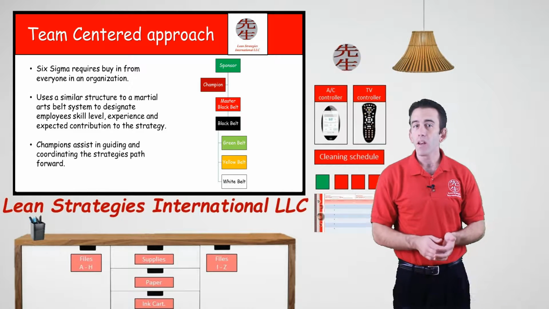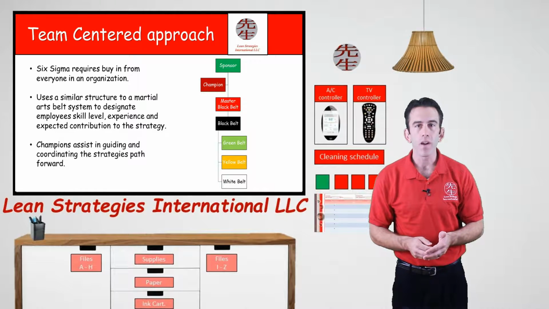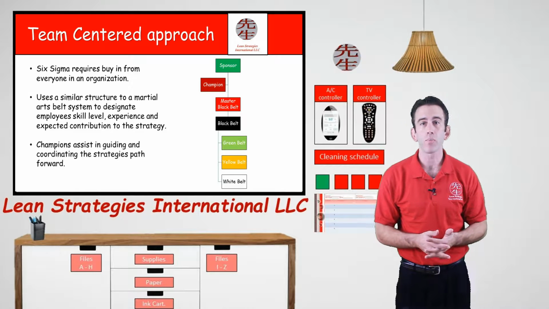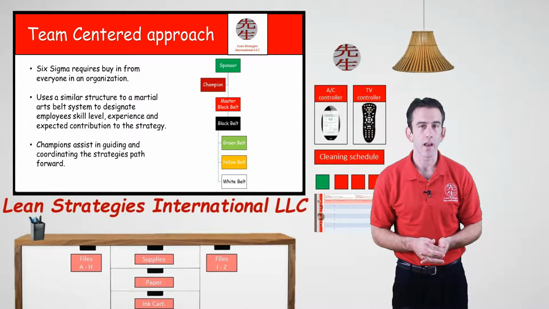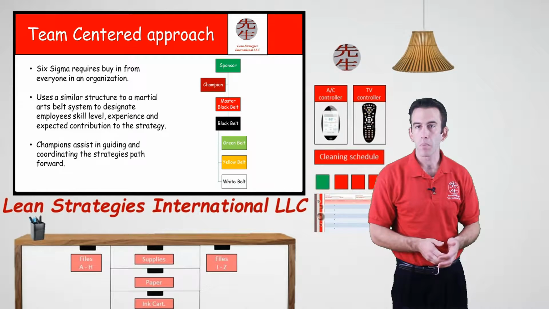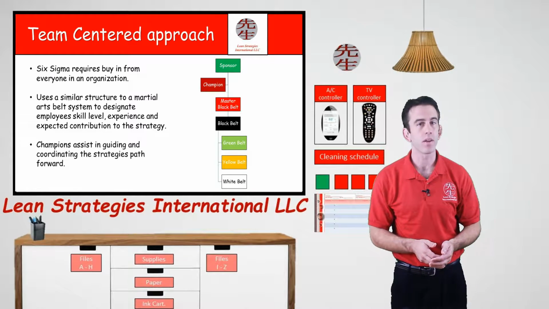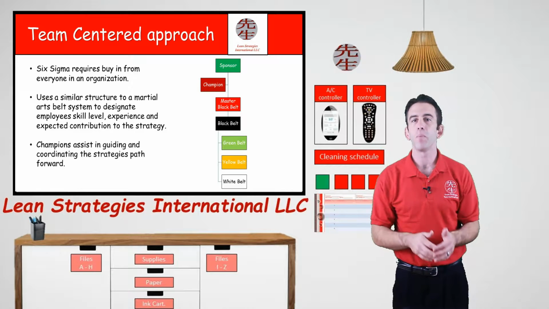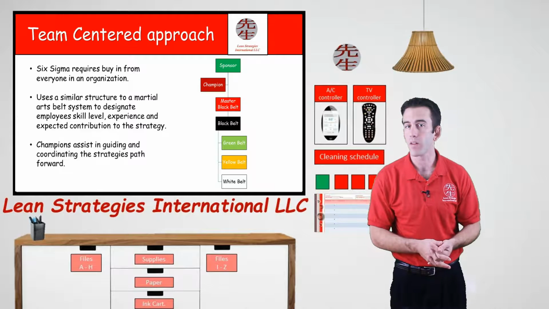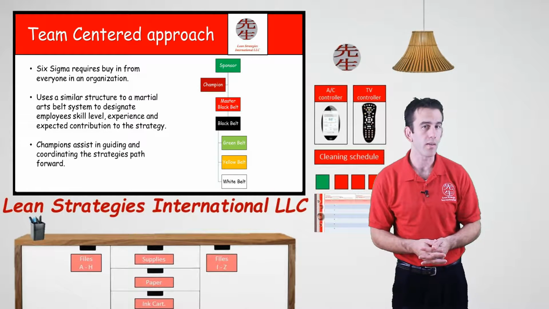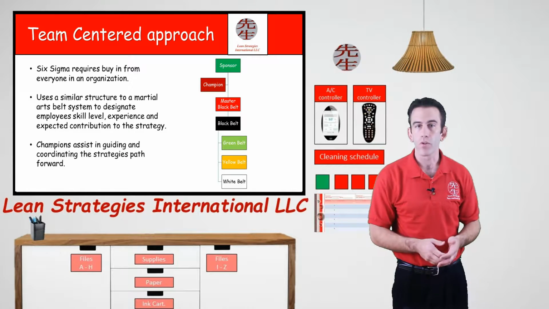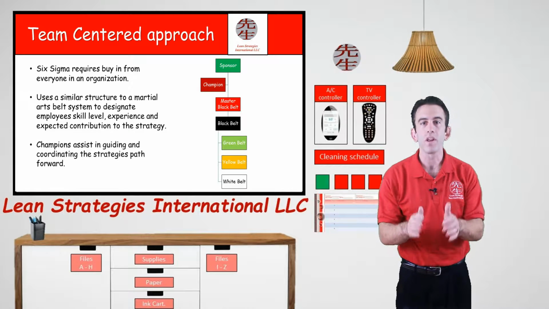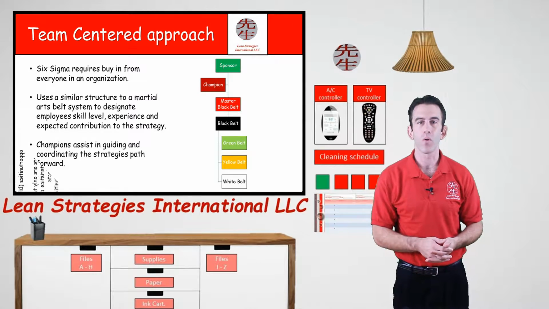Individuals are set into various belt levels based on their skill, experience, and expected contribution to the strategy. The Master Black Belt is the highest level a Six Sigma practitioner can accomplish. Along with various belt systems, Six Sigma designates champions in an organization. These champions are typically skilled in the art of management in order to help steer and move the strategy forward.